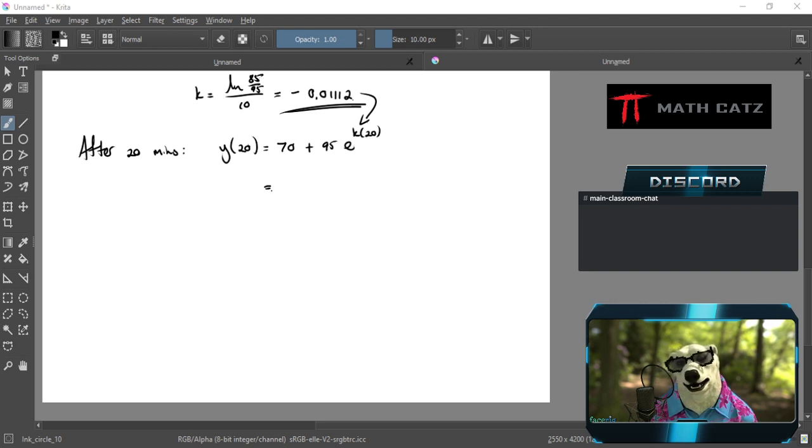70 plus 95 times e to the stuff, 20 times the log. I want to be as accurate as possible, so I'll use the log 85 over 95 version, and that was divided by 10.